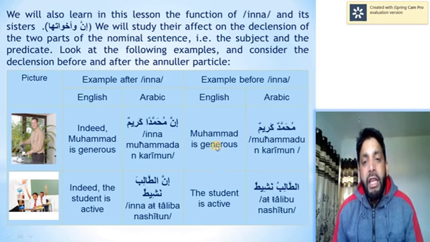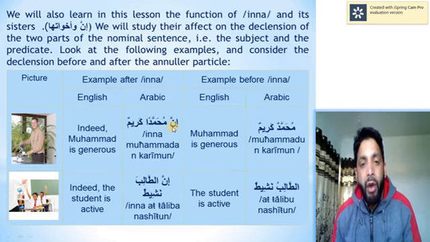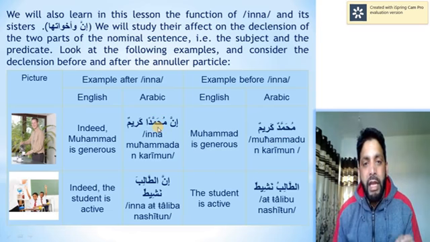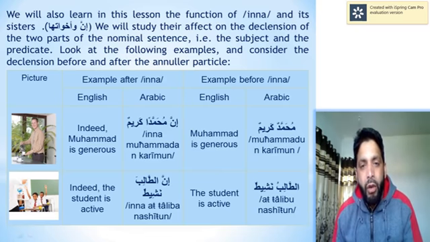Now we will use inna on this sentence. This was first mubtada and khabar, but now we use inna. So I will say inna Muhammadan Karimun. Indeed, Muhammad is generous. Inna is what? Harful mushabbah bil fi'l. This is an annular particle.